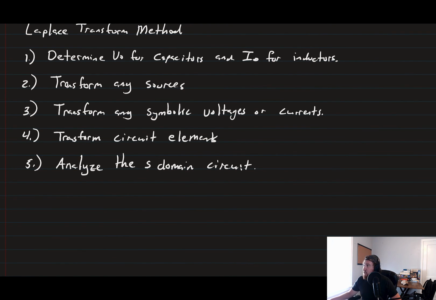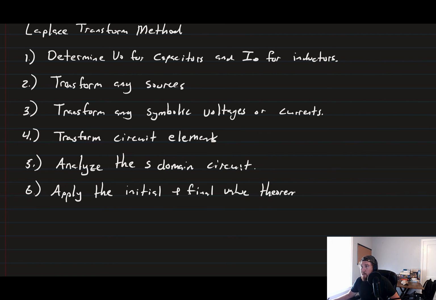Next up, 6 and 7 are just sort of optional extras that you can do depending on what your analysis is. First one, step 6, is apply the initial and final value theorems, to make sure everything squares with t, so to check with t equals 0 and t equals infinity.